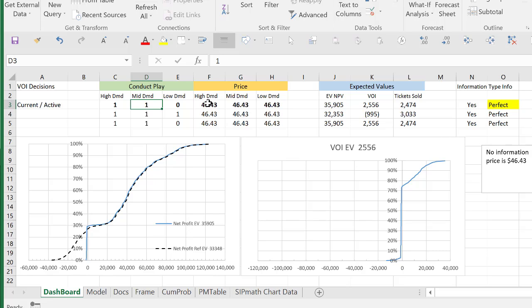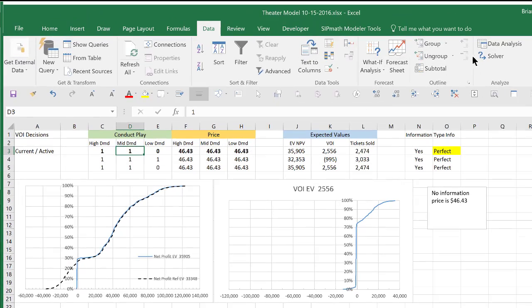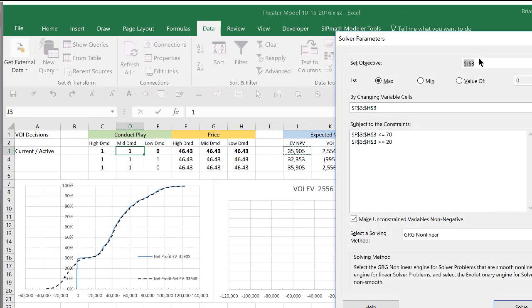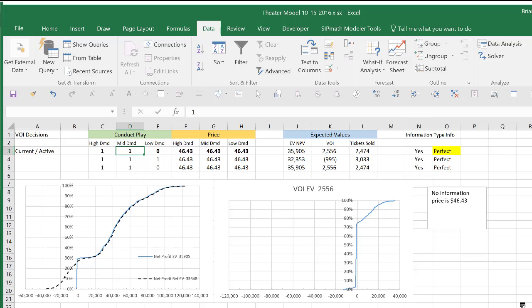Oh, we can optimize these prices. So right now we're using the same prices as in the reference case, but if I want to optimize those, I can do that using my solver. I've set it up here to maximize this NPV by changing these prices. So we'll say solve. This will just take a few seconds, hopefully.